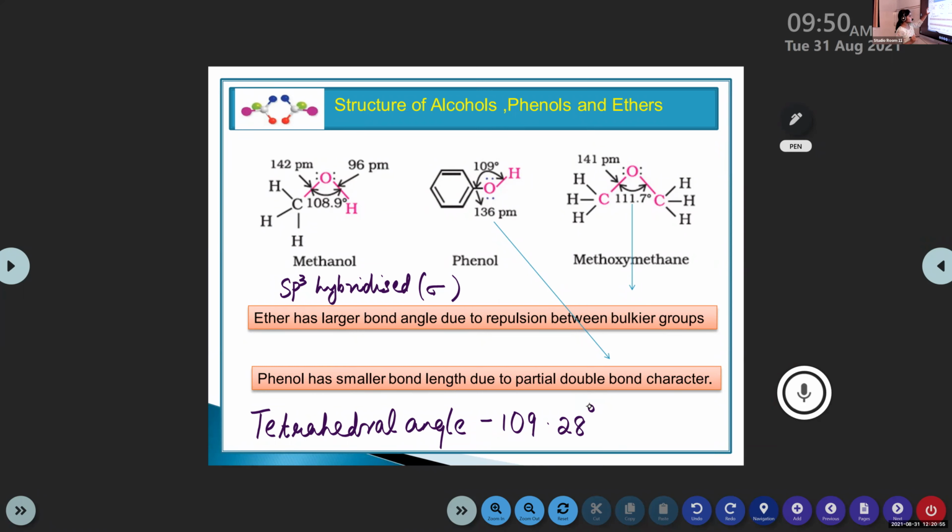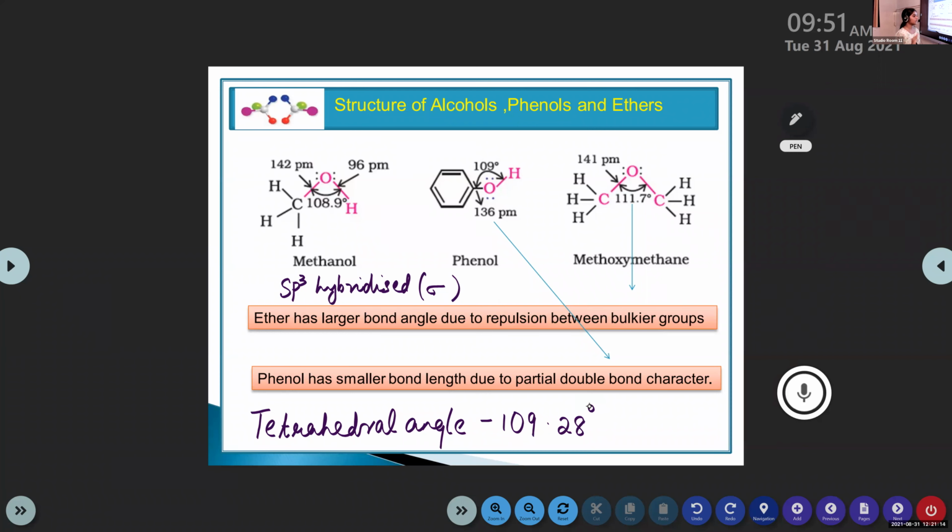This lesser value compared to the tetrahedral angle is due to the repulsion between the electrons present in oxygen. Here you can see 4 dots that represent 4 electrons.